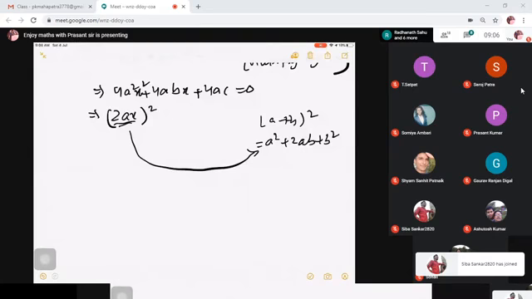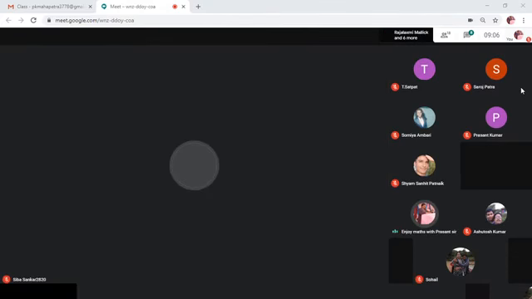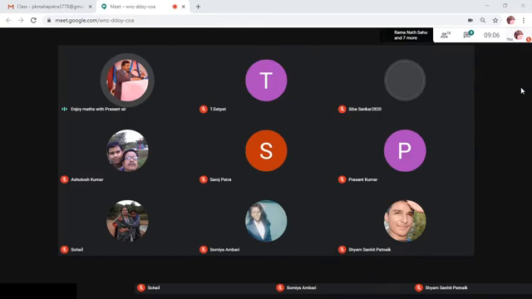Yes, sir. So a square part we have got already. Then we want to find 2ab part here. Okay. Now we shall write 2. A already we have got 2ax. This is the a part. And what we want? B part.